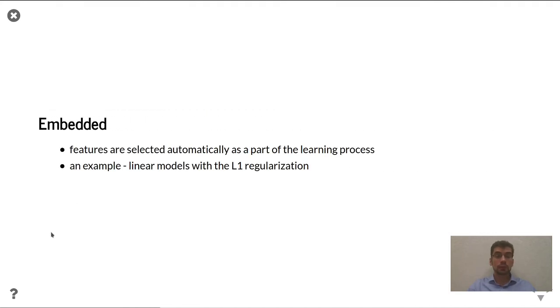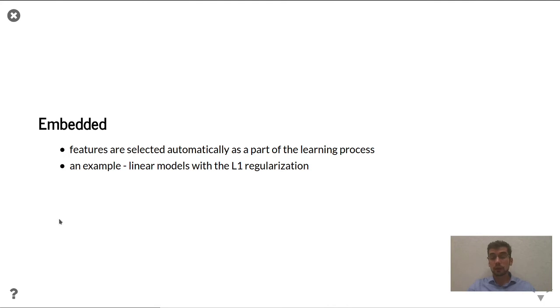So we can proceed to the third type of methods, the so-called embedded methods. And usually this is the way to go, because here we can use even a nonlinear model to estimate feature importance.